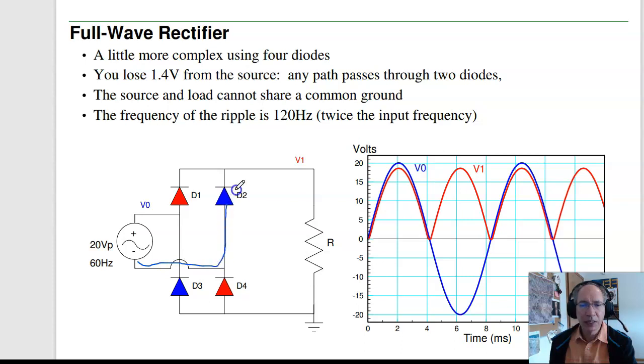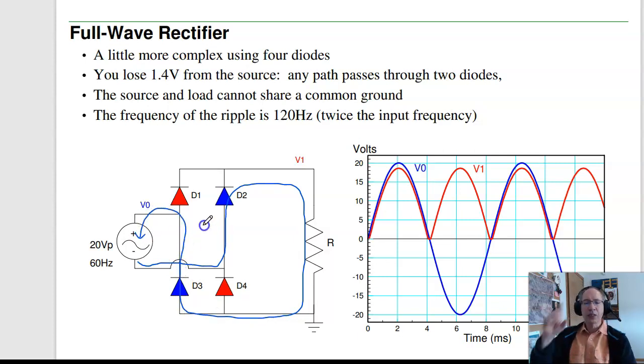In this case, diode 2 turns on, and diode 3 turns on. So you're kind of alternating 1 and 4, 2 and 3, 1 and 4, 2 and 3. The net result is that the load, the current's always going top down. So this looks like a full wave rectifier, or the absolute value, minus 1.4 volts, because at any given time I've got 2 diodes.